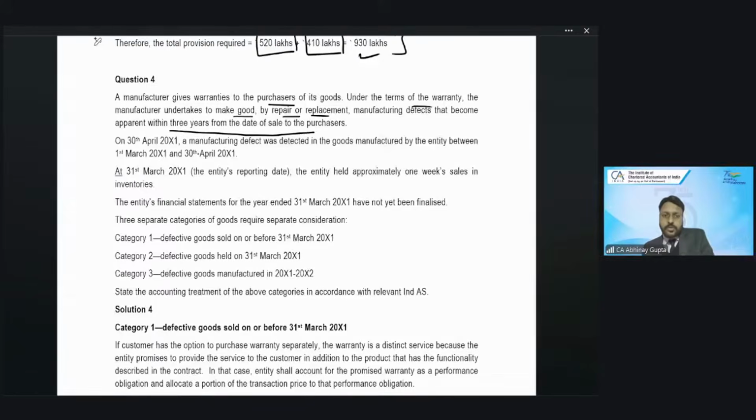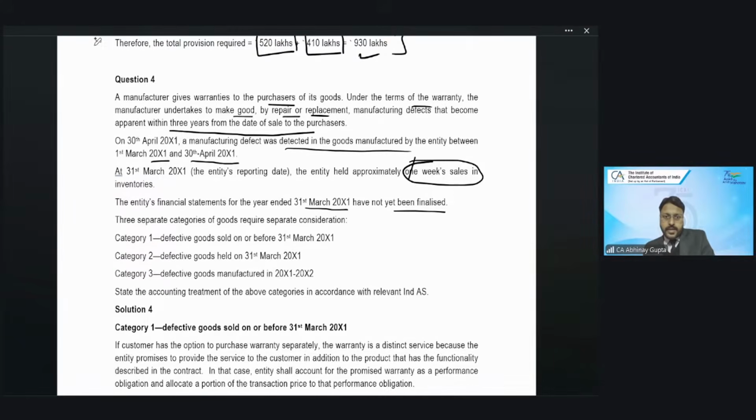On 30th April 2001, a manufacturing defect was detected in the goods manufactured by the entity between 1st March 2001 and 30th April 2001. At 31st March 2001, the entity's reporting date, the entity held approximately 1 week's sale in its inventories, right? The entity's financial statements for the year ended 31st March 2001 have not yet been finalized.